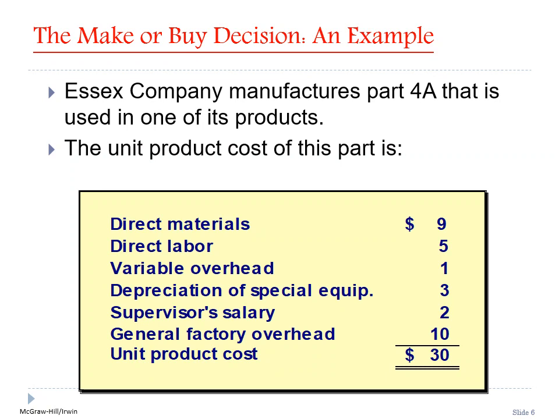The unit product cost of this part is direct material $9, direct labor $5, variable overhead $1, depreciation of special equipment $3, supervisor salary $2, general factory overhead $10. The unit product cost equals $30. So he gave me information about the unit product cost of this part. So this is the cost of 1 unit, $30.